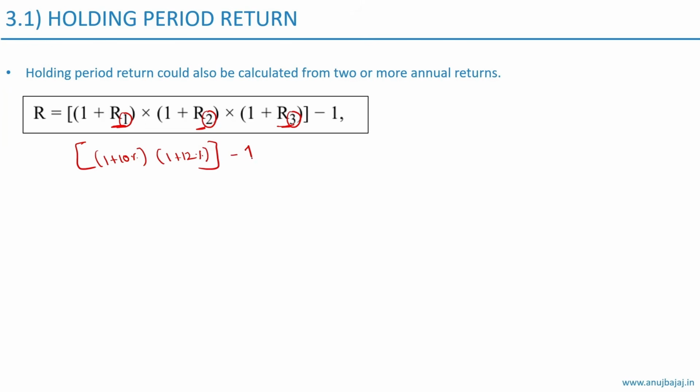We get 1.2320, and we subtract 1. We get 23.20% as the answer. So this is the formula. Let us look at an example to have a better understanding of this.